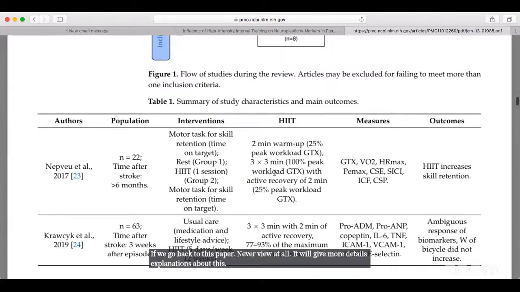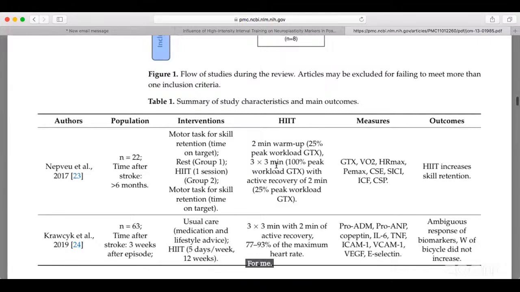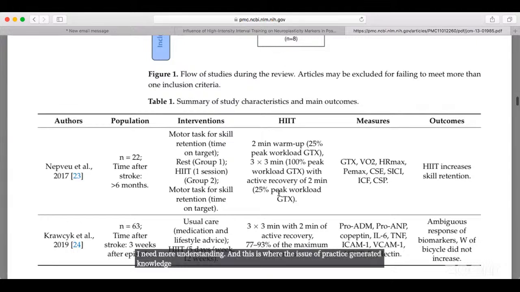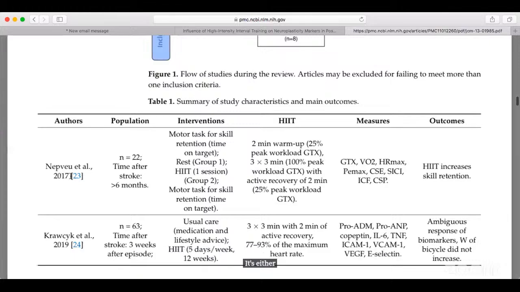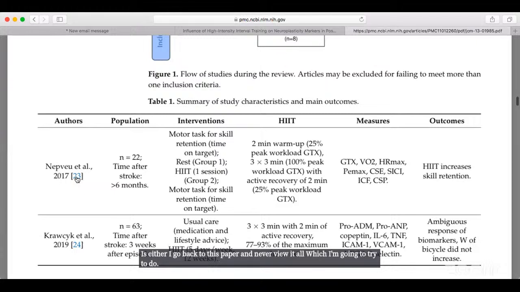For me, reading this, I can't just go to my patient and apply this. I need more understanding. And this is where the issue of practice-generated knowledge now comes up. It's either I go back to this paper, Nepview et al., which I'm going to try to do before we close.